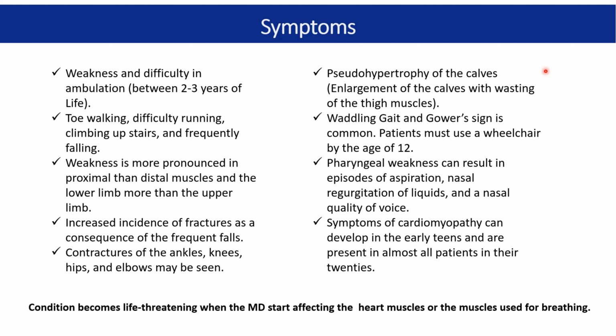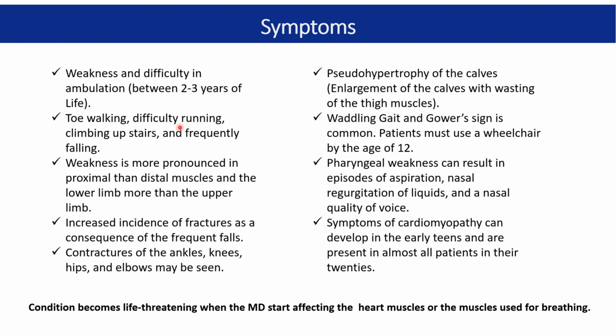So now let's talk about the different symptoms found in these patients. There is always weakness and difficulty in ambulation. Ambulation means to walk independently without any support. Of course, due to the weakness in the muscles, they definitely need some kind of support to walk. Toe walking is very common, and walking is very difficult.